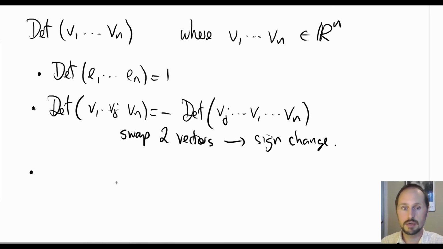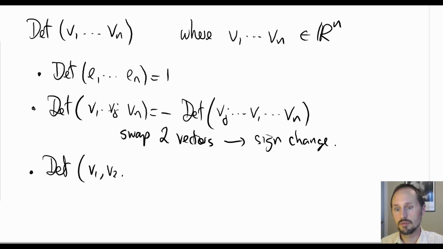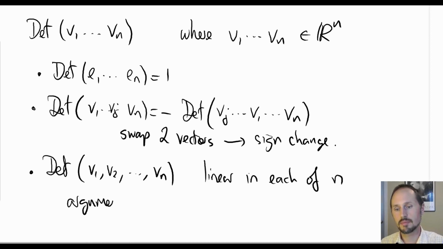And then finally, the final property is that we want the determinant of v1, v2, etc. up to vn to be linear in each of the n arguments. If we think of it as a function of n variables, it takes n vectors as an input. I want us to think of it as being linear in each of the n variables.